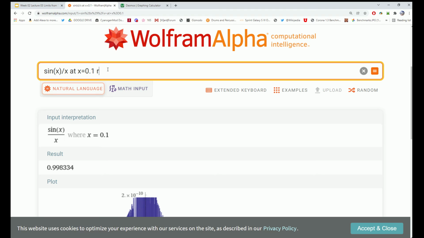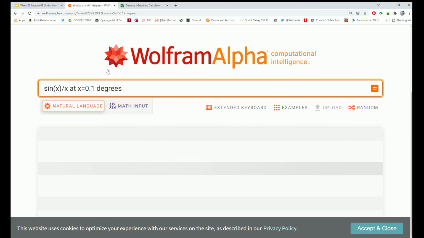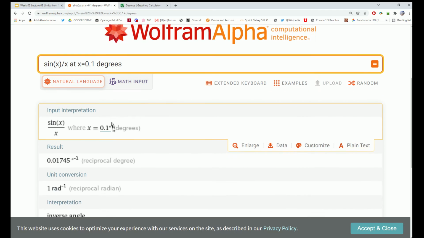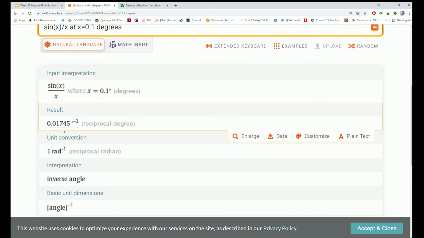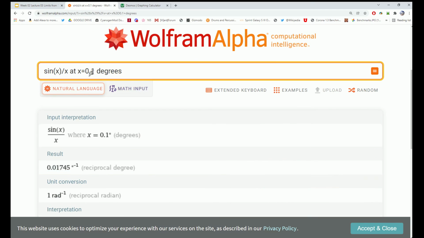If I type degrees here, you get a completely different answer. And if you use a scientific or graphing calculator, make sure your calculator is in radian mode. On Wolfram Alpha, it just guesses at what you want, and it's usually right.